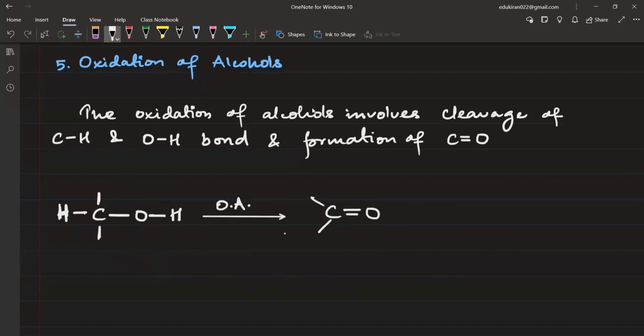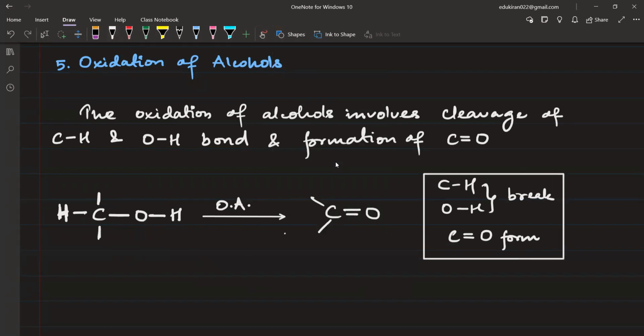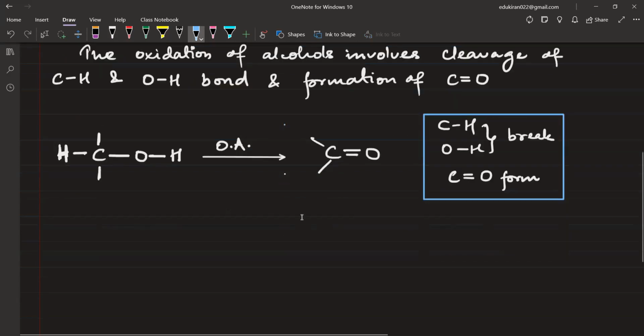Now, if you want to see what is happening here, so CH and OH, both of these are breaking, and C double bond O is forming. Okay, now right next.